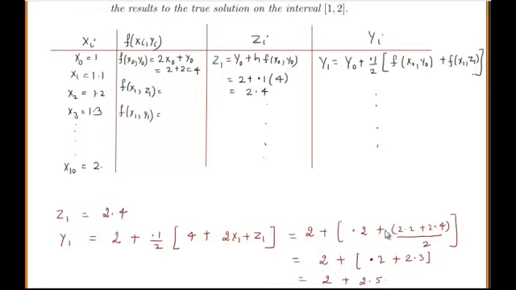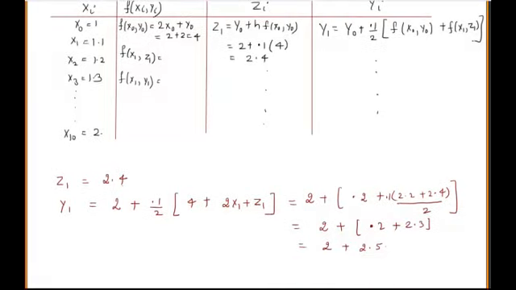So multiply 0.1 here. So what will we get further? 2 plus here 0.2, and then it is 4.6. 4.6 is 0.46 divided by 2.